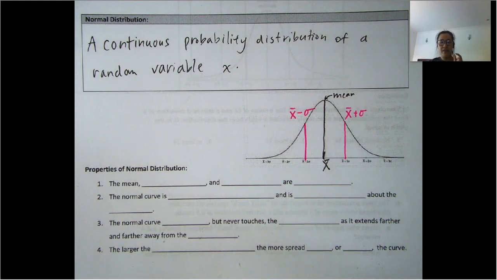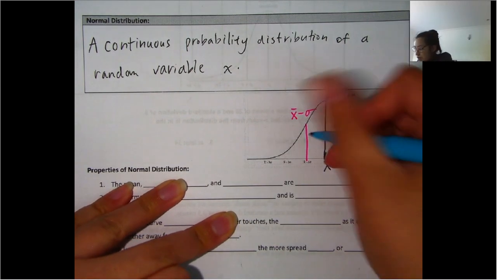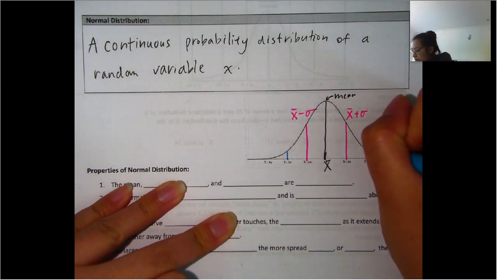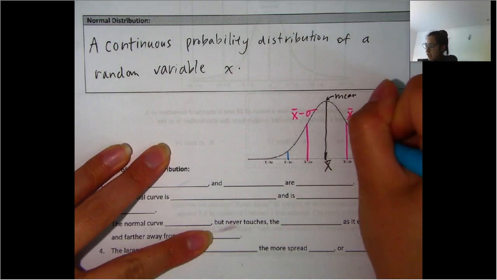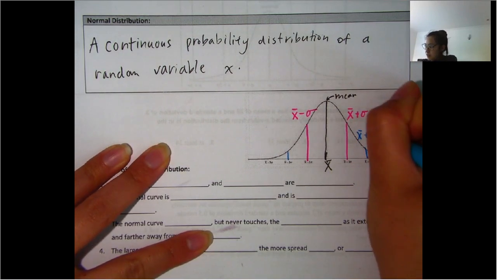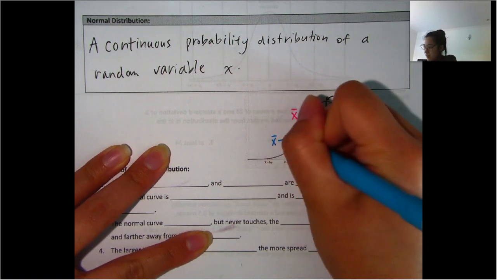So x bar, again, is the mean, and that little o with a line at the end of it is your lowercase sigma. Okay, and then similarly right here we have two standard deviations away. So this is going to be plus or minus two standard deviations. So x bar plus two standard deviations, and then over here, x bar minus two standard deviations.